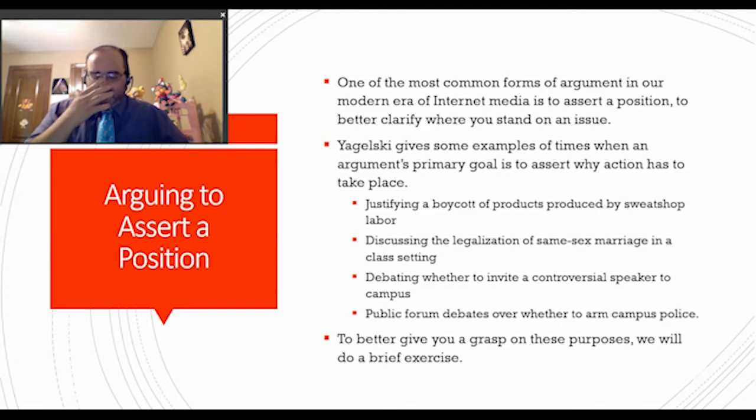I've heard about a number of situations where colleges were scheduled to have a speaking engagement by Richard Spencer. If you don't know who he is, he's one of the figureheads of the alt-right. He's a very divisive speaker, a white supremacist. There have been a number of situations where he's been scheduled to speak, and student uproar was so much that they canceled the speaking engagement.